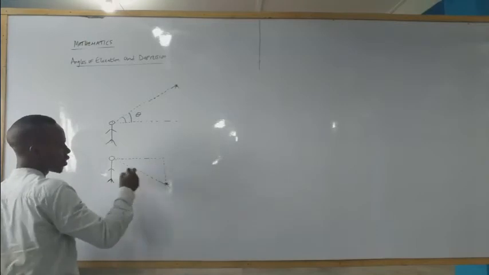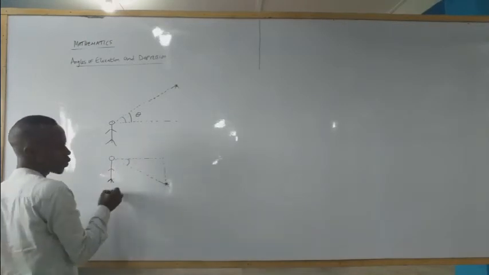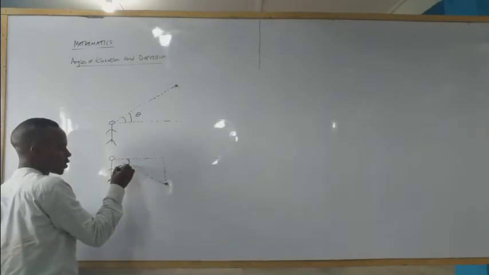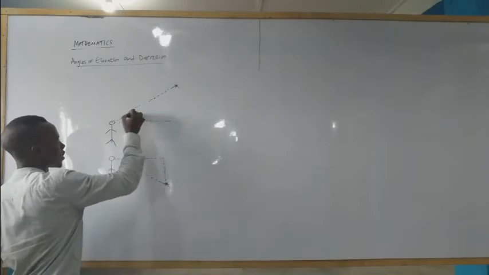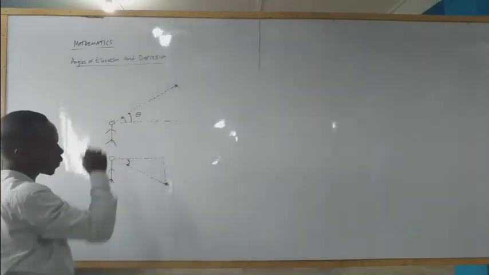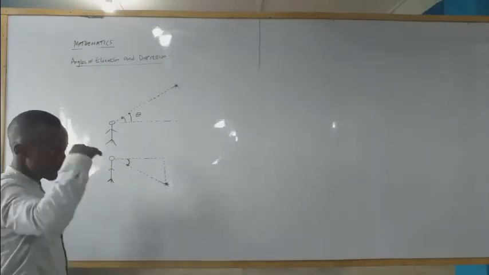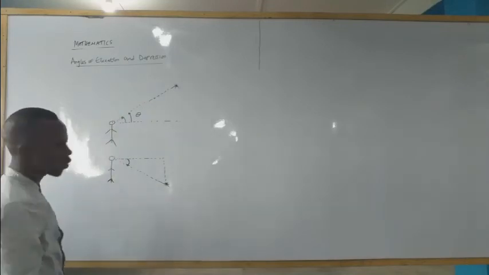This one is coming from here downwards, while this one is going upwards. Eye level looking down, eye level looking up: angle of elevation, angle of depression.